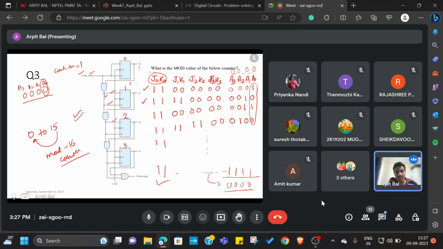A0 always toggles. It means each time there is a clock pulse, A0 is going to switch from 1 to 0, 0 to 1, and so on. Is there any other observation about A1?